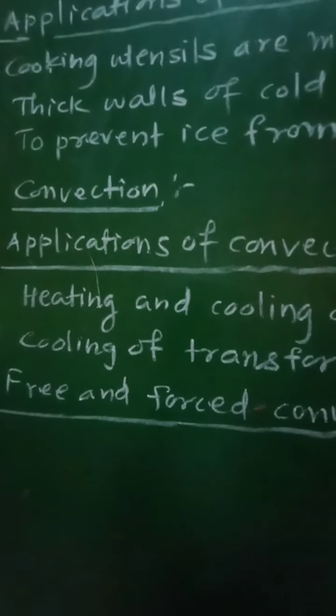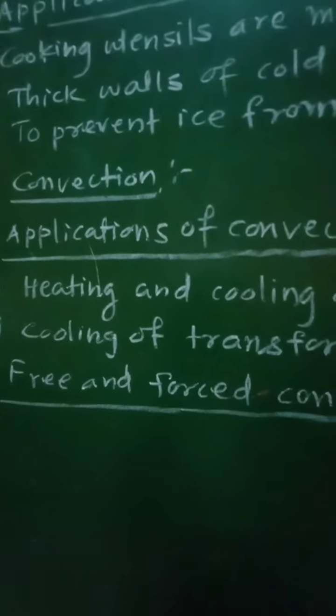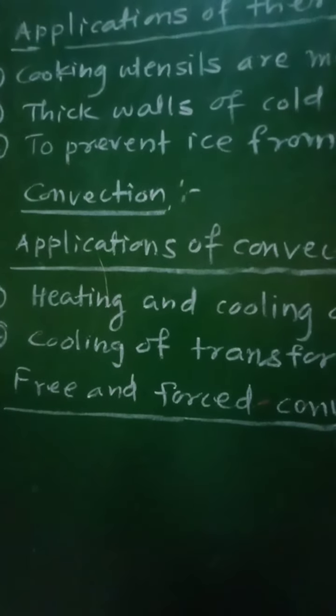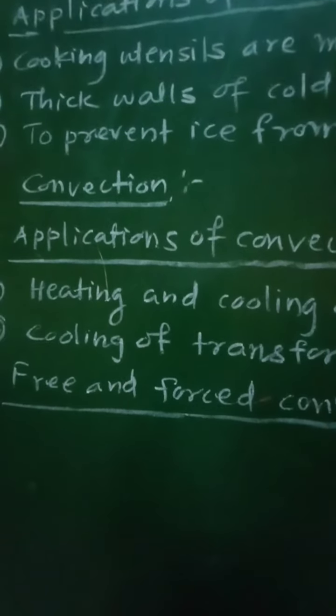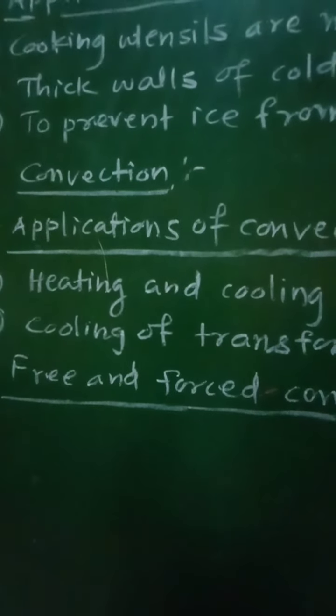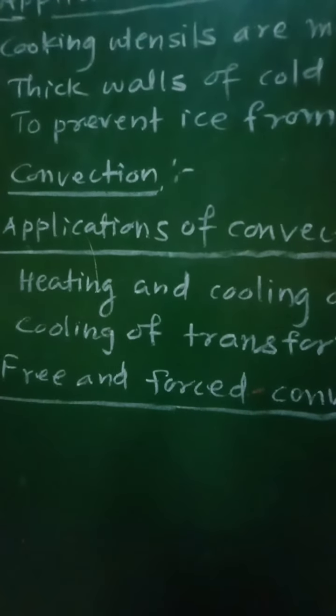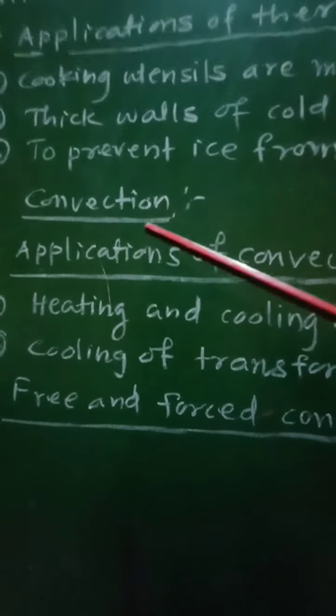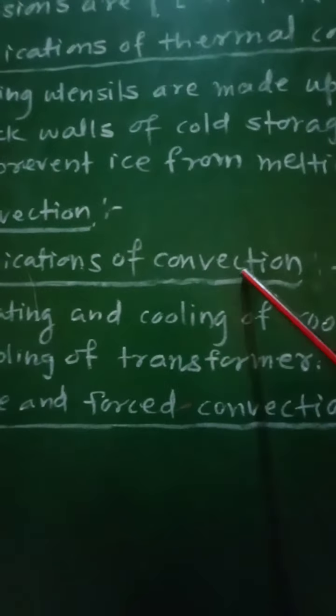Similarly, water gets heated due to convection. In these examples, convection currents will be formed and they will be responsible for the transfer of heat energy from one place to another. And now let us see again some of the applications of convection.